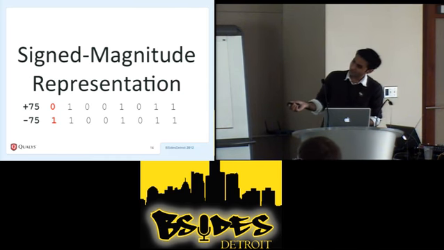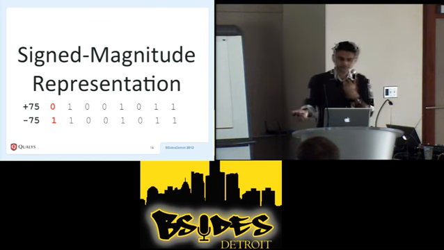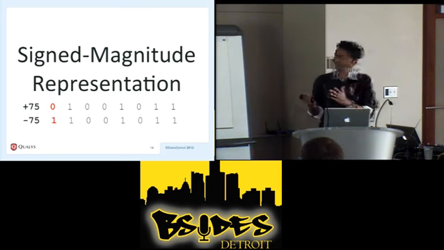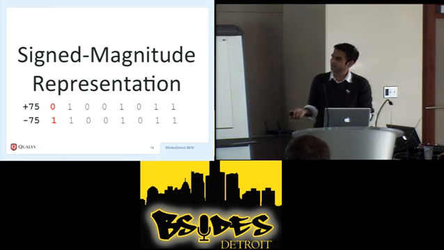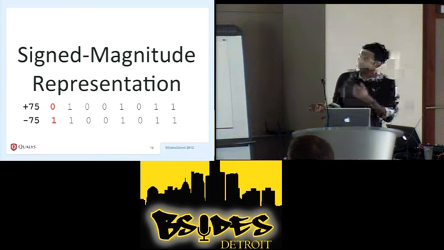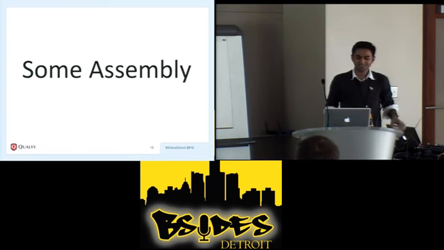You take an integer, convert it into a binary number, and the MSB will tell you if the integer is positive or negative. If the MSB is 0, that means the integer is positive, and if the MSB is 1, that means the integer is negative. So 1 byte could represent from -127 to +127.